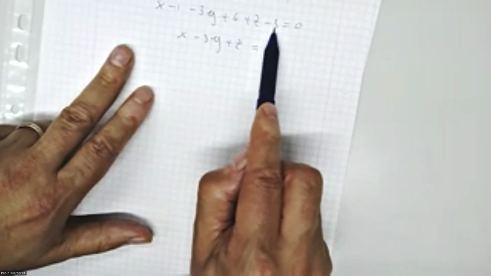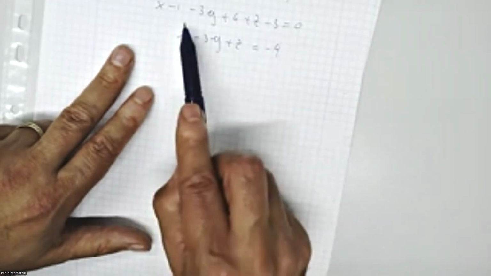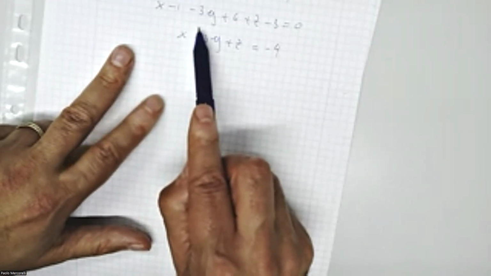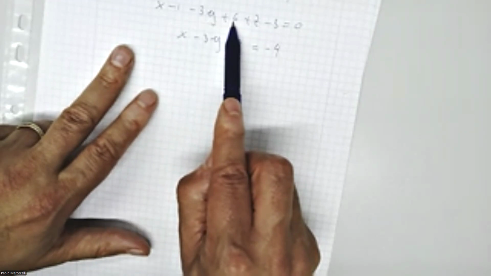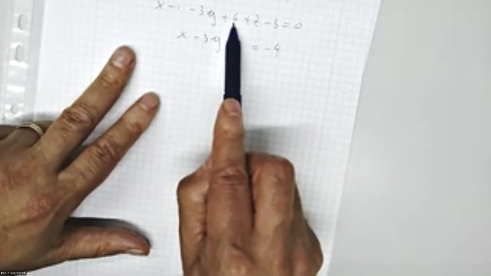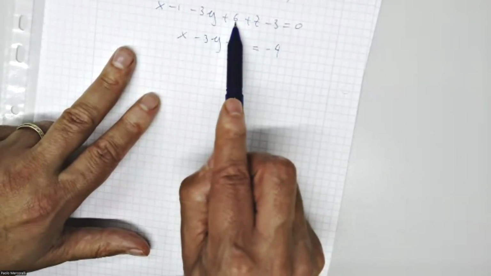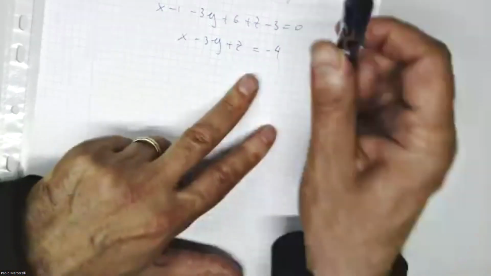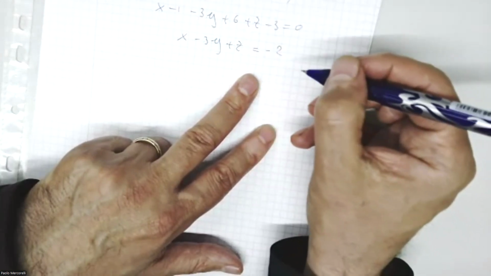It's x minus 3y plus b. And then it's 1 minus 6 plus 3. And you have minus 3 at the end, I think. But here we have plus 3. Okay, minus 2, right? Now it's correct, no? Yeah.